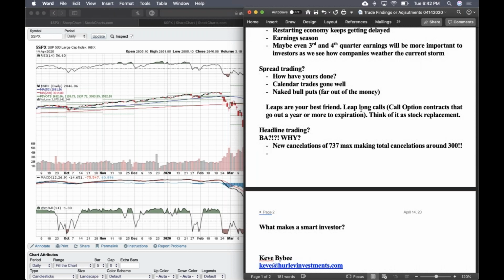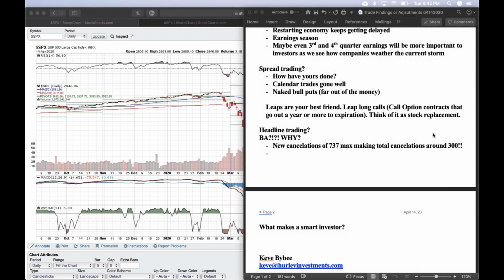So if you were just looking at that headline, 100 new cancellations, that doubles pretty much what they already had. Some of those went over to Dreamliners, like 40 something, airlines switched their order to the Dreamliners, which they have better margins on.